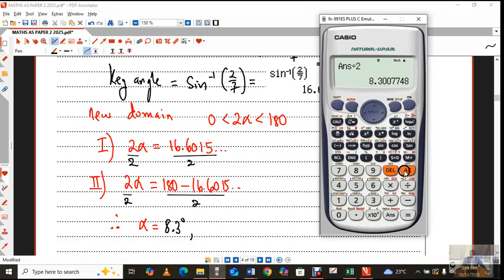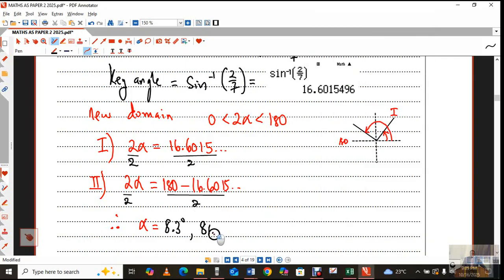So I say 180 minus our answer, which gives you 163.3984. That is the difference between 180 minus that. And then I'm going to divide that answer by 2, and 81.7 degrees is the other solution.